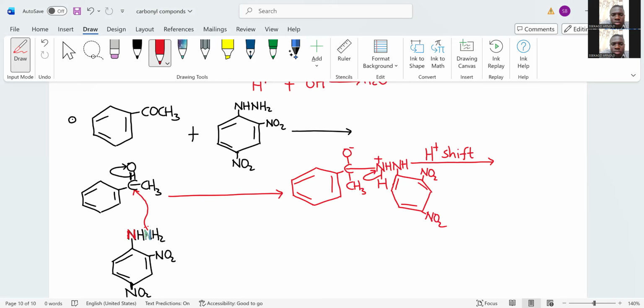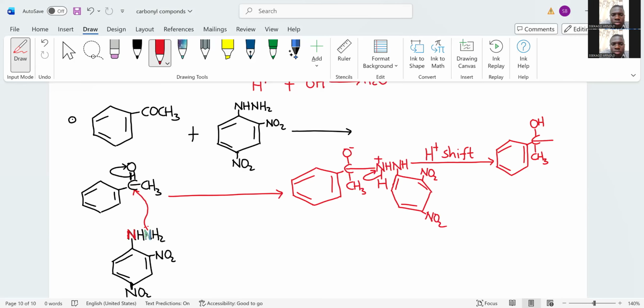So we have our benzene ring, C, now with OH. That C carries CH3.